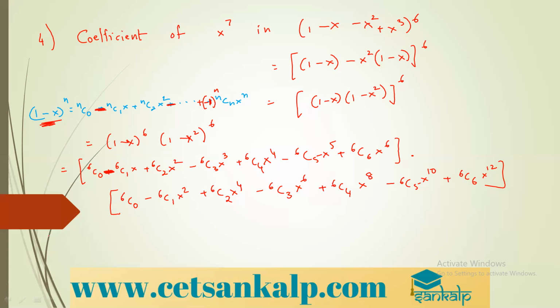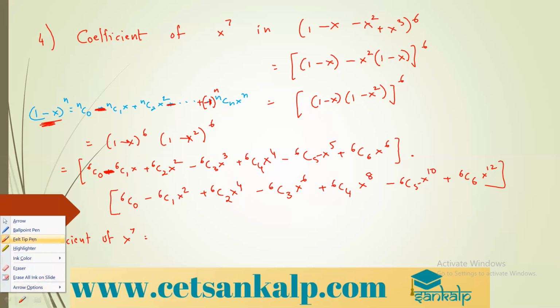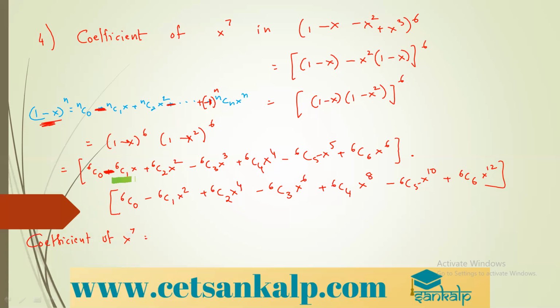But I have to take only the coefficient of x power 7. So when I multiply, what all can I multiply, that we have to think. I can multiply minus 6C1 x with minus 6C3 x power 6.